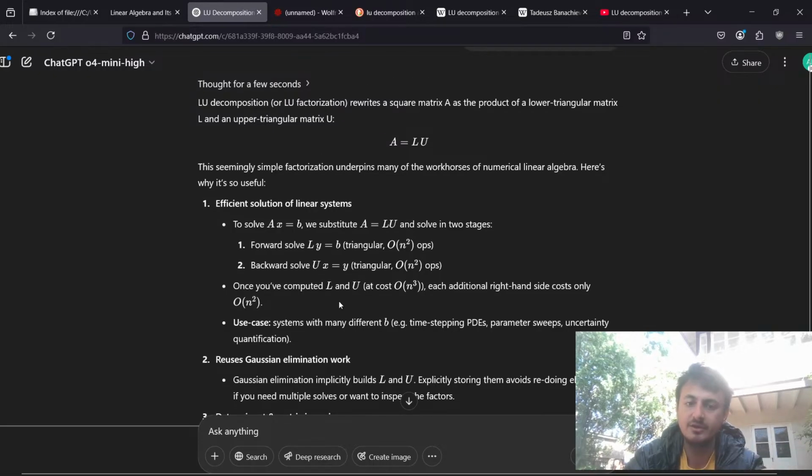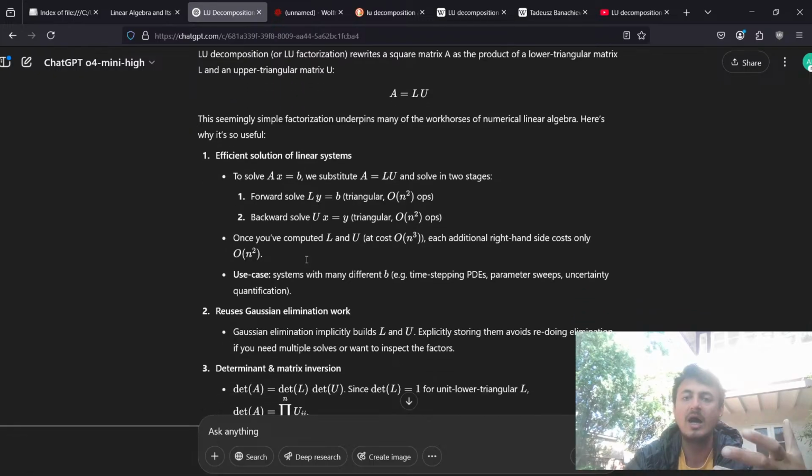Now, computing LU is also O(n^3), but once you have them, to solve LUx = b, it's 2n^2. So you actually get an n^2 algorithm out of it. So that is actually why we do this.